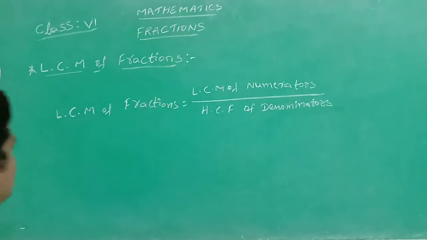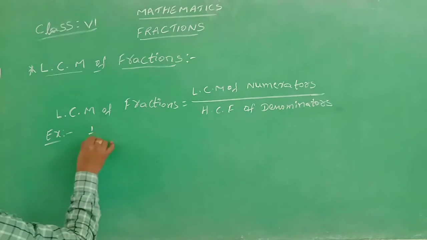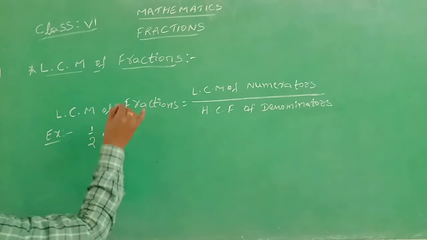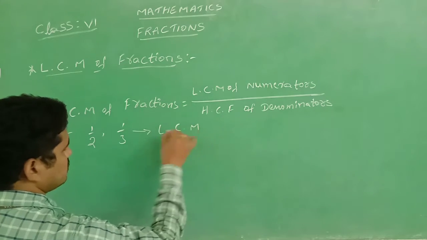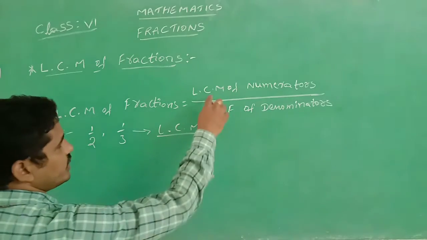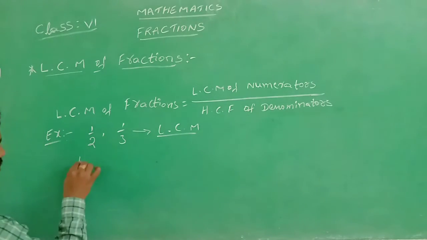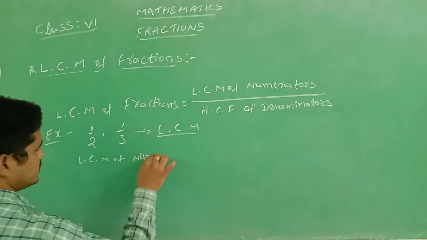For example, we are taking 1 by 2 and 1 by 3, and we need to find out the LCM. What is the first step? We need to take the LCM of numerators.